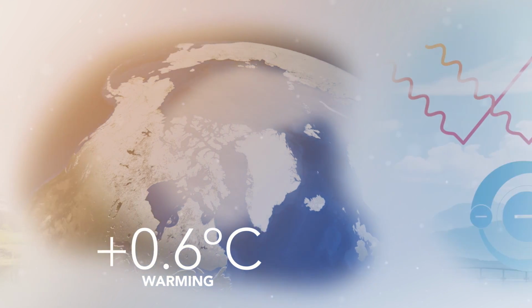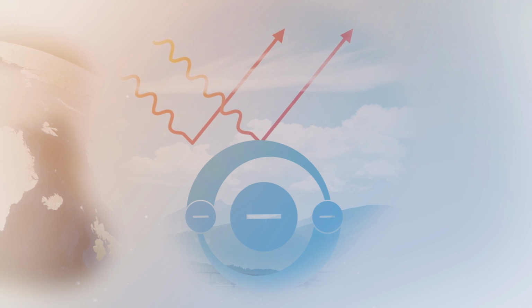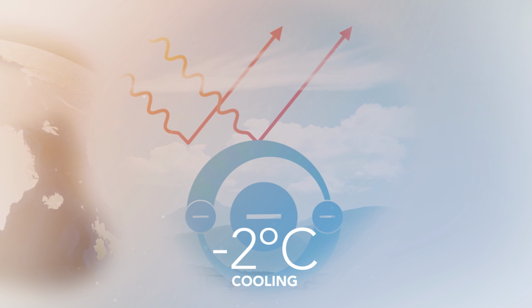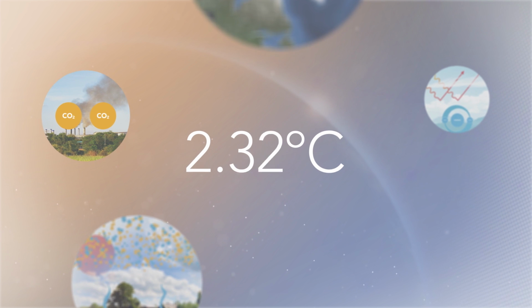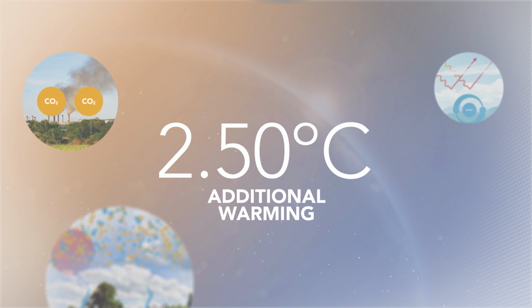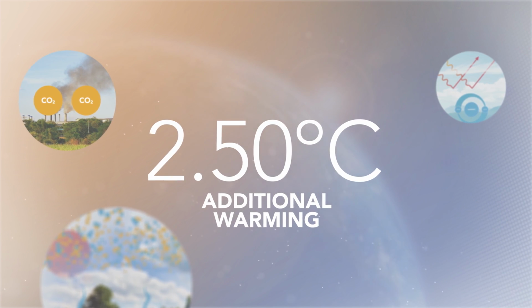While more uncertain, the negative cloud radiative feedback leads to just under 2 degrees Celsius cooling. Add up the numbers, and the total comes to about 2.5 degrees Celsius warming, double the warming that would occur without feedbacks. Understanding these positive and negative feedbacks is essential to increasing our confidence for global temperature changes in the future.